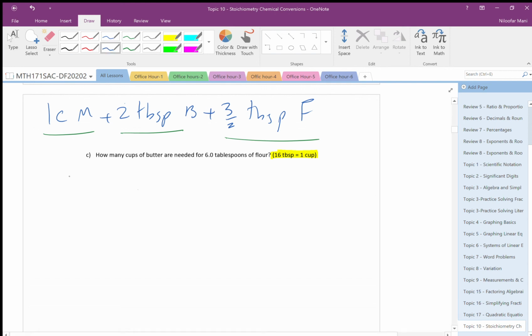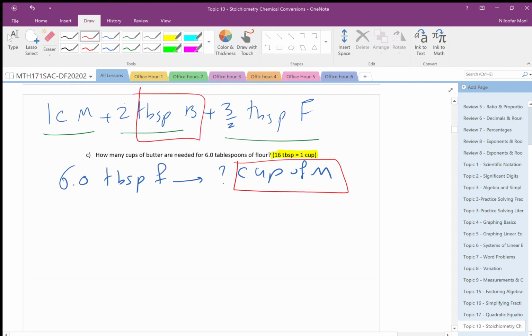I have 6 tablespoons of F and I want to go to how many cups of milk, but what I have here is not cups of milk, it is tablespoons. What should I do now? I have to go from tablespoons of F.